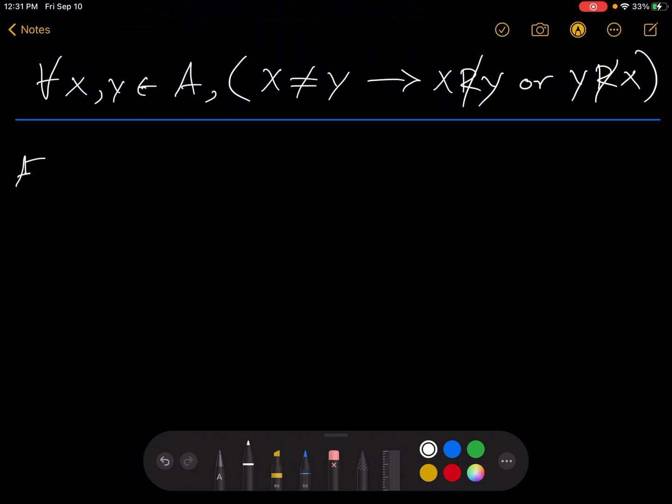As an example, let's consider the relation R subset of A cross A, where A is the set containing the numbers 1, 2, and 3. And let's say that R is the relation subset of A cross A defined by this graph.